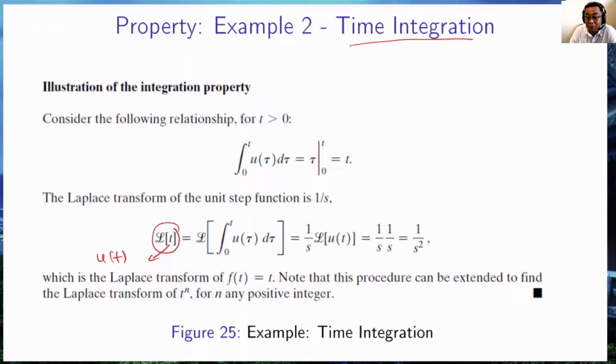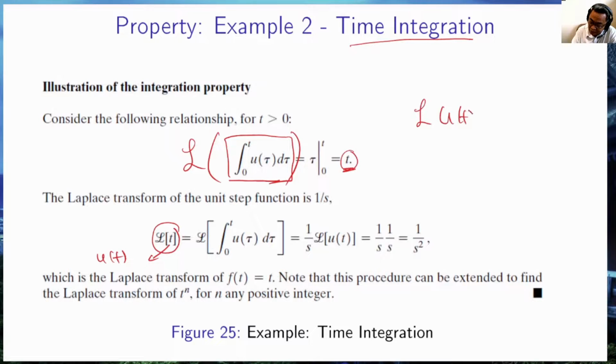So we are actually performing the integration of the unit step to get t, right? So we are using the fundamental theorem of calculus to get this result. And therefore now we remember that we want to do the Laplace transform of this guy. We already know that the Laplace transform of u of t is equal to 1 over s.